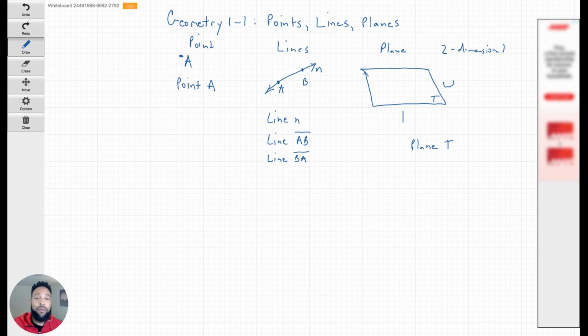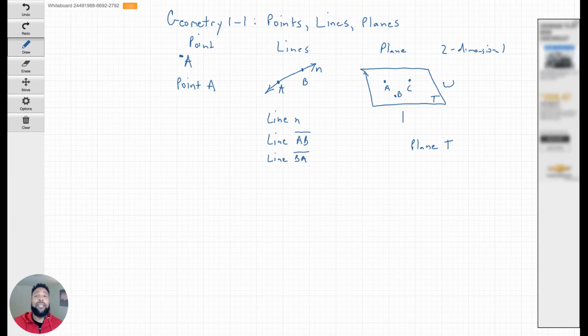Now also, I can put 3 points on this plane, A, B, C. And you can also name a plane by 3 points that are on the plane that are considered non-collinear. What do I mean by non-collinear? If you think about the word linear, basically non-collinear means it's not linear, or the points are not on the same line. So that's what non-collinear means.